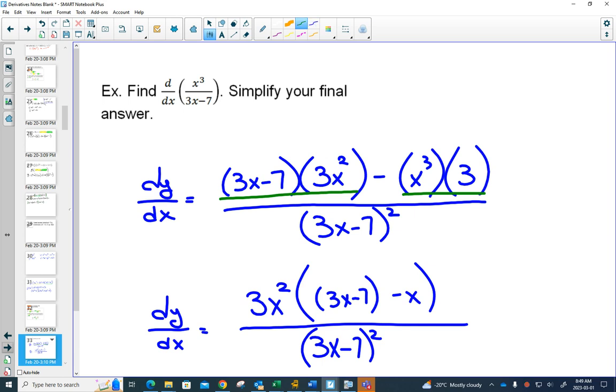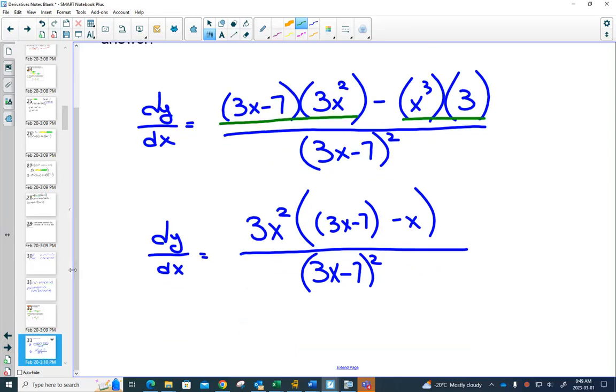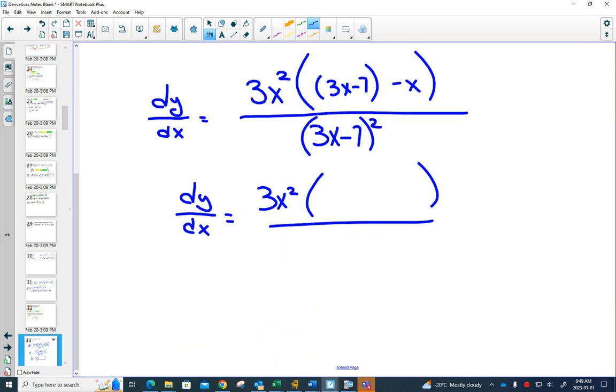So this concept of recognizing a common factor before you multiply it out can make your simplification easier. So at this moment, now inside these brackets, I'm like, oh, I have some like terms, 3x minus x, that'll be 2x minus 7.